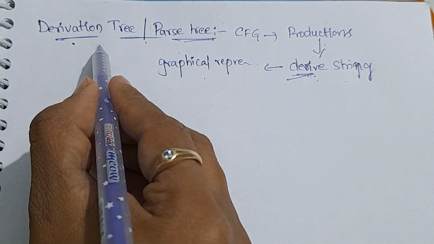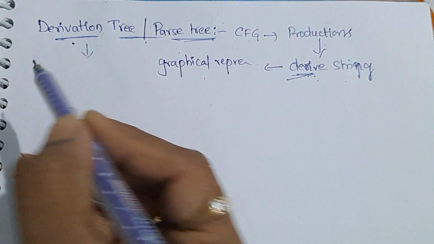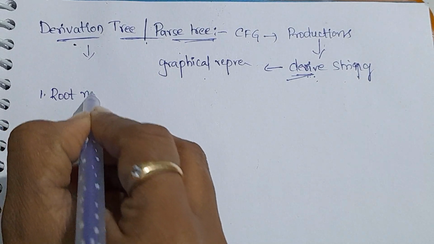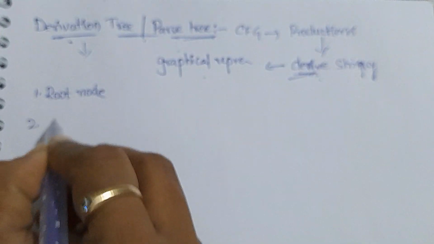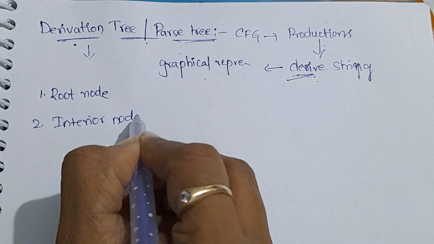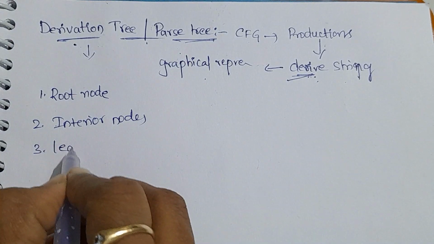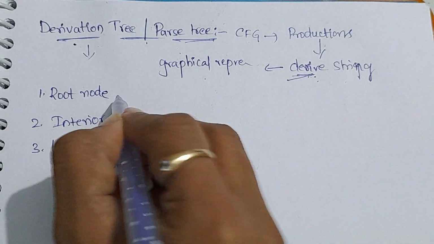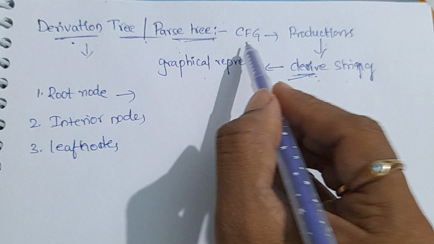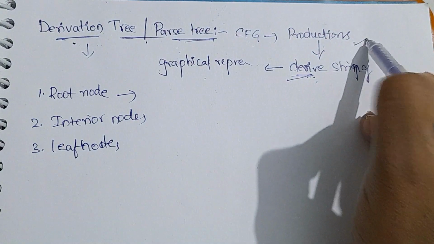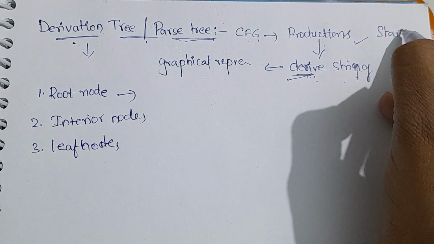See, this derivation tree contains a root node, and second, interior nodes, and leaf nodes. In a context free grammar or in any production we have a start symbol, right?